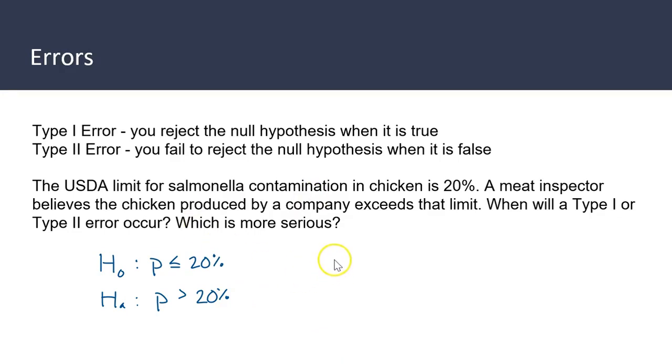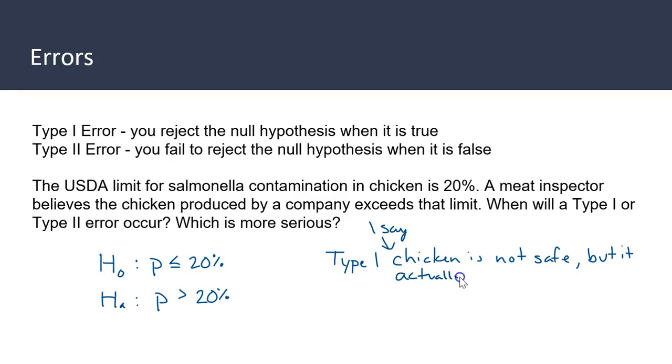Okay, so a type 1 error would be I reject the null hypothesis. So I say the chicken is not safe, but it actually is. And then a type 2 error is if I fail to reject the null hypothesis.